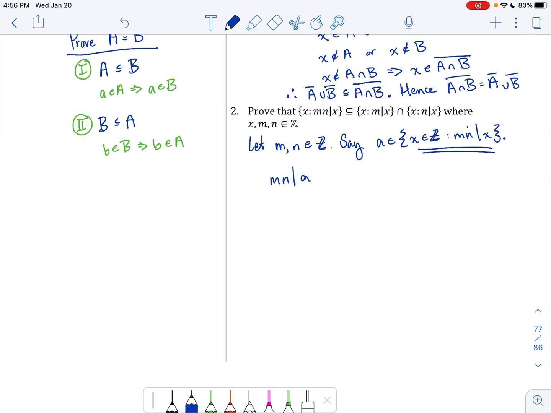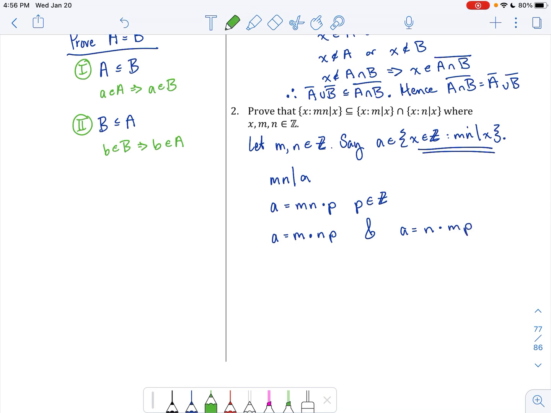I will then create an equation from there saying that A is equal to MN times P, where P is an integer. Now I'm interested in M divides X and N divides X. So if we know that A is equal to MNP, then we could say that A is equal to M times NP, and we can say that A is equal to N times MP.